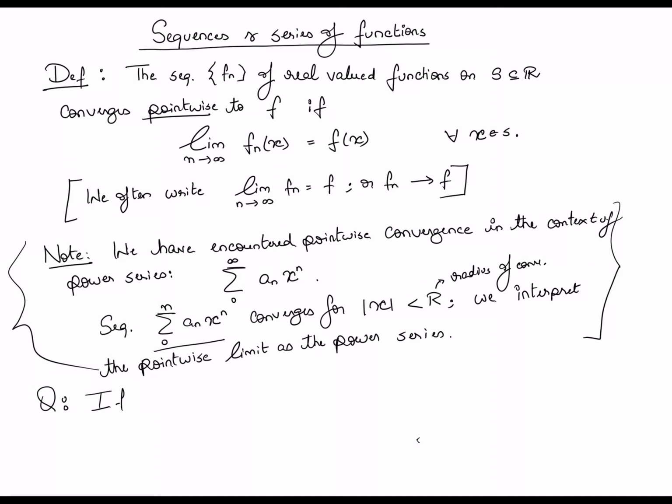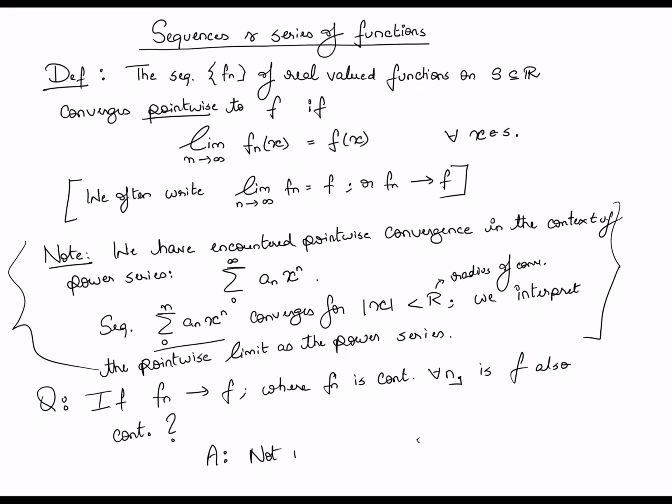So if fn converges to f, where each of these functions is continuous, is f also continuous? What we are asking is, if you have a pointwise limit of continuous functions, is the limit also continuous? And the answer, as we will demonstrate with an example, is not necessarily.